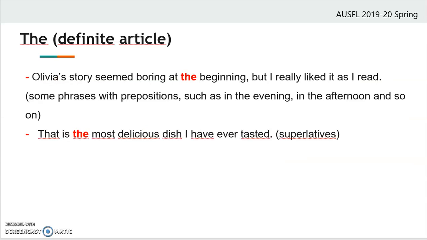Before some phrases with prepositions such as in the evening, in the afternoon, we use the. Olivia's story seemed boring at the beginning, but I really liked it as I read. We also use the definite article the with superlatives. That is the most delicious dish I have ever tasted.